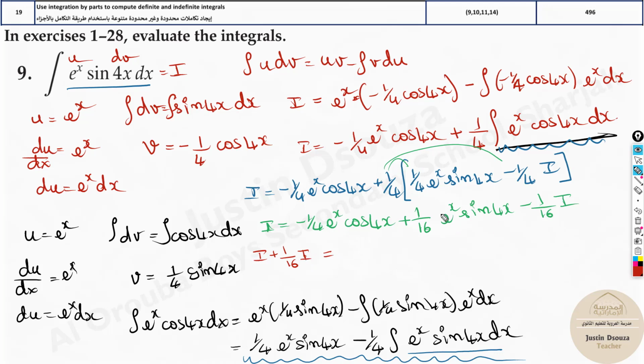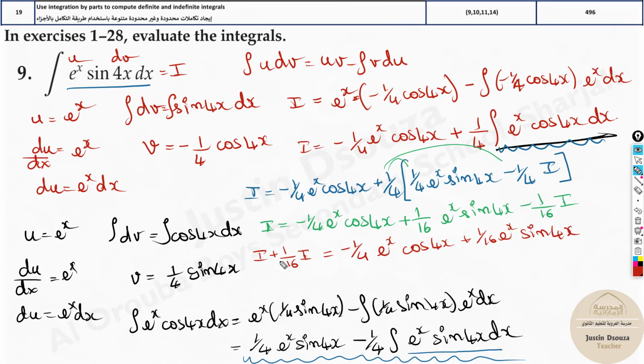And then over here, on the right side, it's the same thing. What's remaining? This entire thing, we have to just write it again. It'll be negative 1/4 e power x cosine 4x plus 1 by 16 e to the power x sine 4x. We are nearly there.